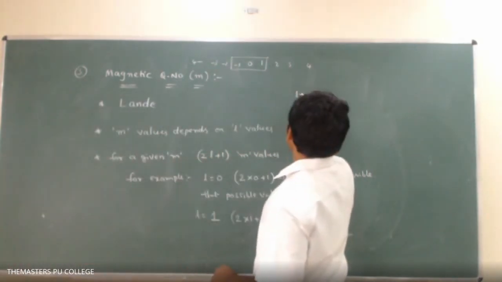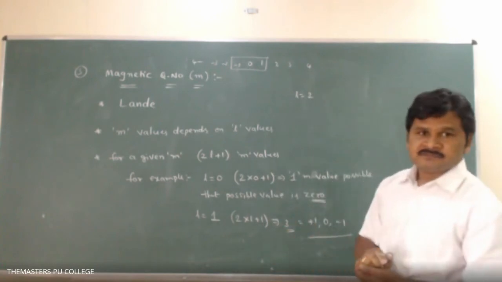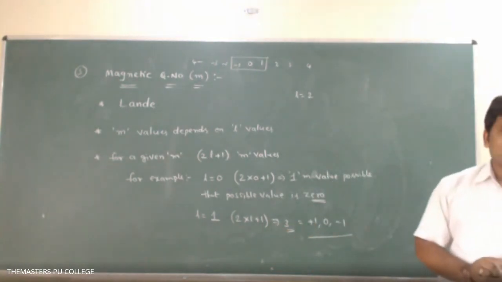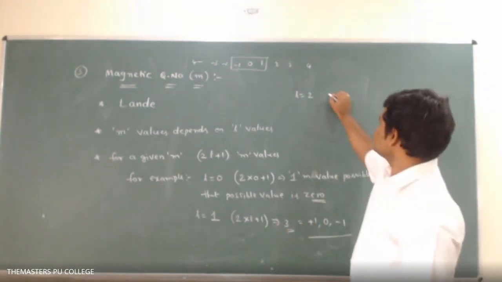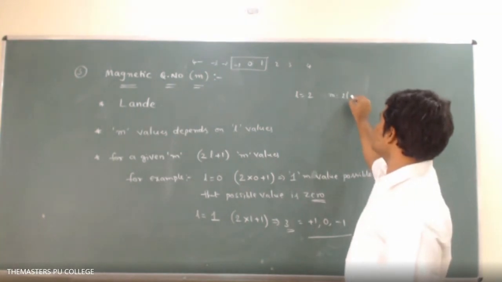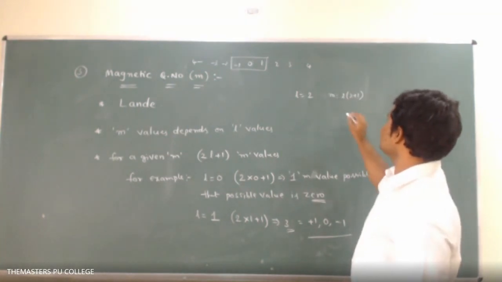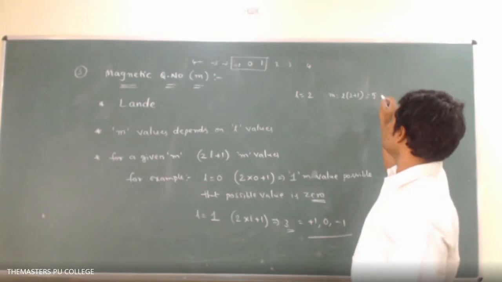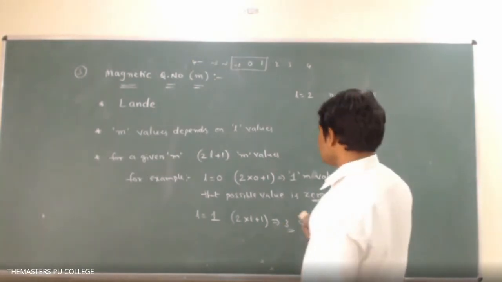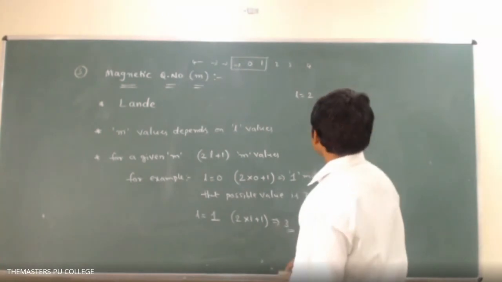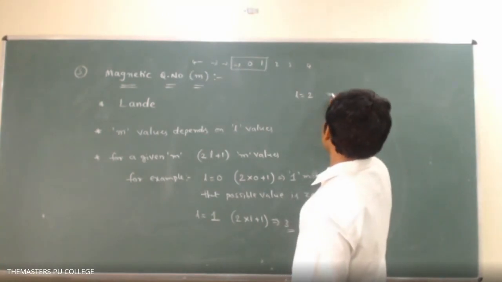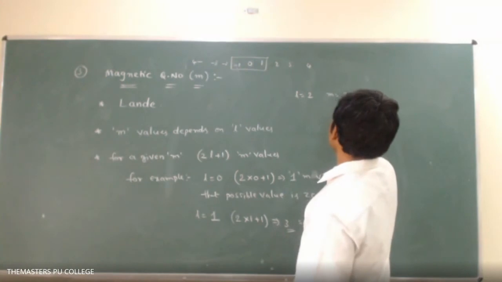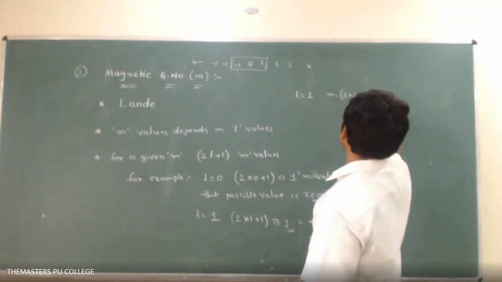Next, if L is equal to 2, how many M values? 5. 2 into 2 plus 1 is 5. 2L plus 1, right? What are those 5 values?